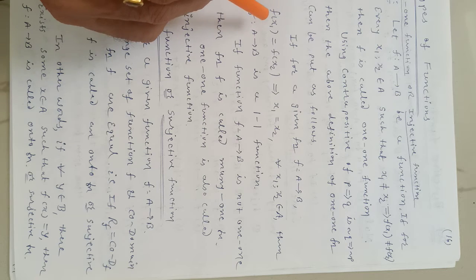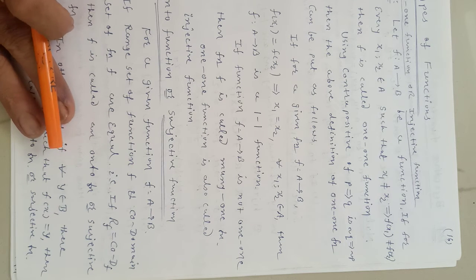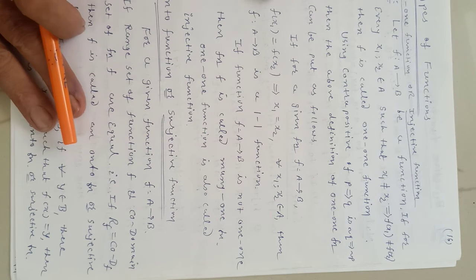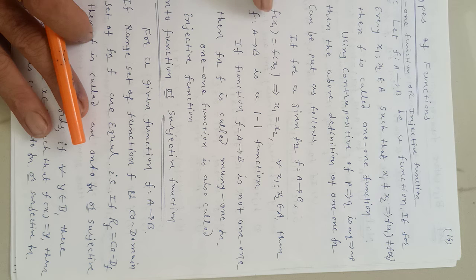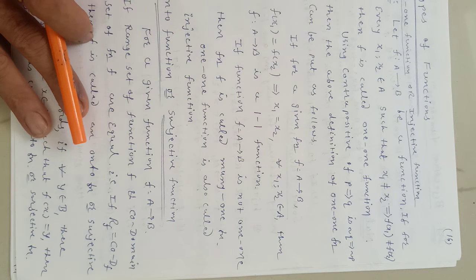And this definition is useful to examine whether a given function is one-one or not, because whenever you check, we start by taking let f(x1) equal to f(x2) and we calculate, and suppose we get x1 equal to x2, we immediately say it is a one-one function, otherwise not. That's all. So clear now?